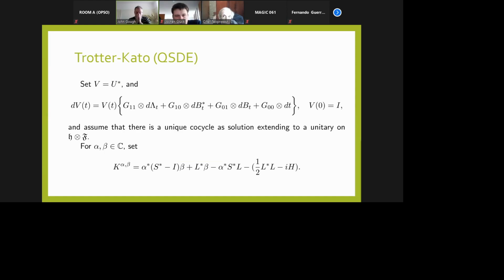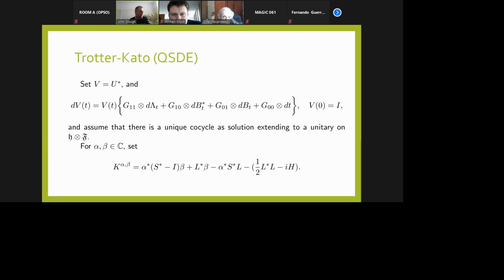Now, just to describe what Luke, Silberfarb and Ramon did in their papers, they were able to get some very strong results. We've heard quite a bit today about the issue of going from bounded coefficients to unbounded coefficients in QSDEs. They were able to relax considerably this constraint and deal with general unbounded operators.